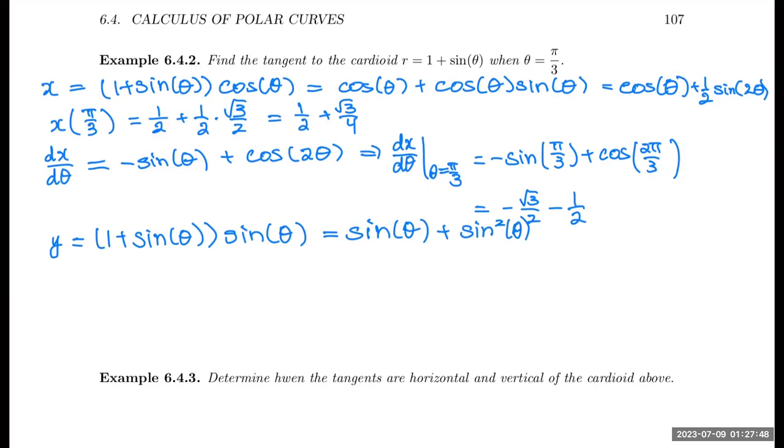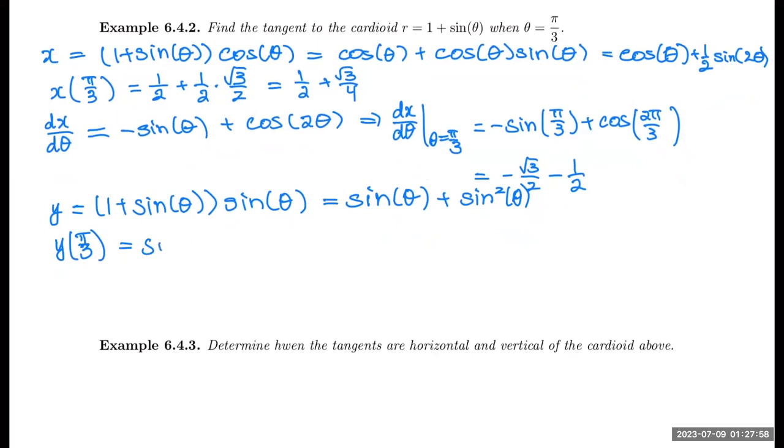And so if we find the y value at this point, sine at pi over 3 plus sine squared at pi divided by 3, since cosine of pi over 3 is 1/2, this one's going to be root 3 divided by 2, then sine squared has to be 3 divided by 4.